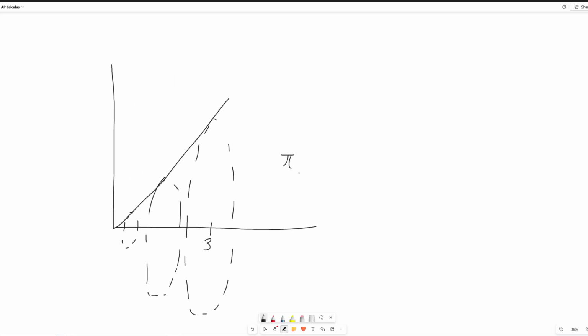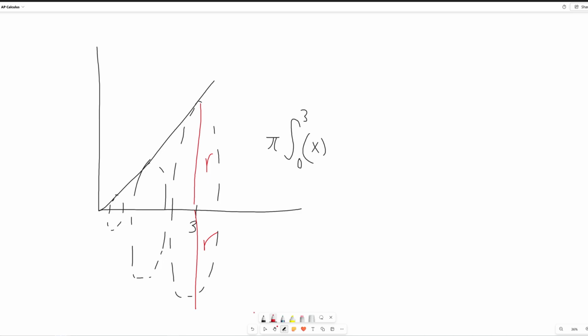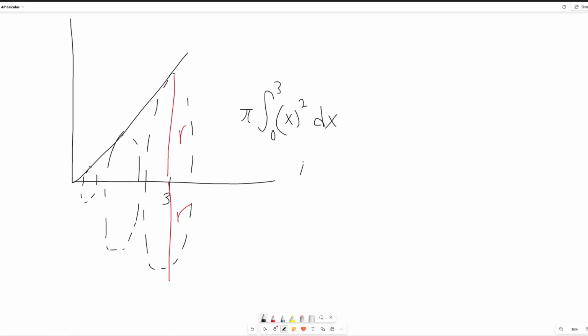Pi integral from 0 to 3 of our radius, which again is going to be x, because this is our diameter. I'm going to mark it in red. This is our radius, and then the other side of this imaginary rotation, the imaginary circles that we're talking about, is another r. This is our diameter. So our radius is just going to be the function. So our r squared dx.